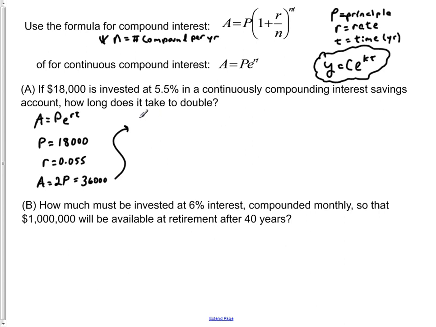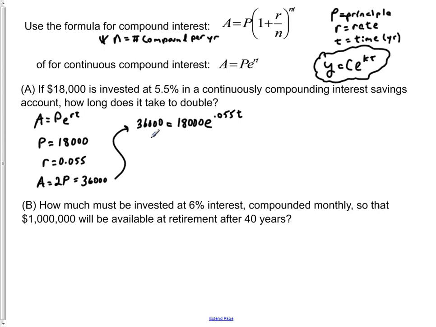So what would that mean? Well, if we make the substitution, that means $36,000 is going to be the result of taking $18,000 as our principal and multiplying it by e to the 0.055 times t. And, well, then solving for t. Well, that's not too bad, right?